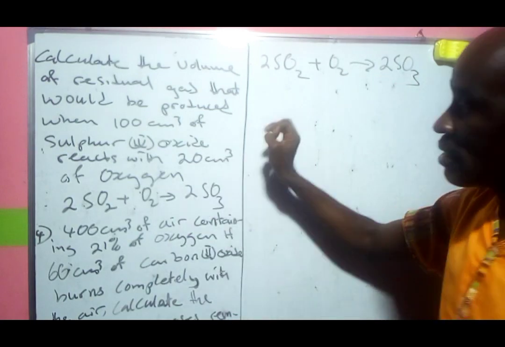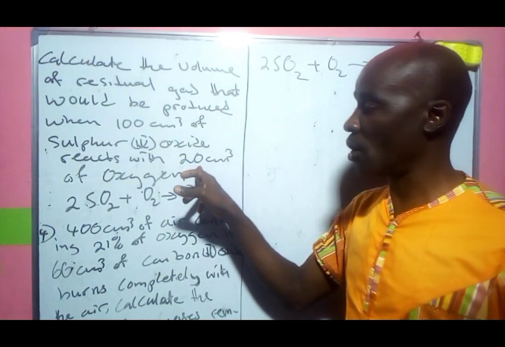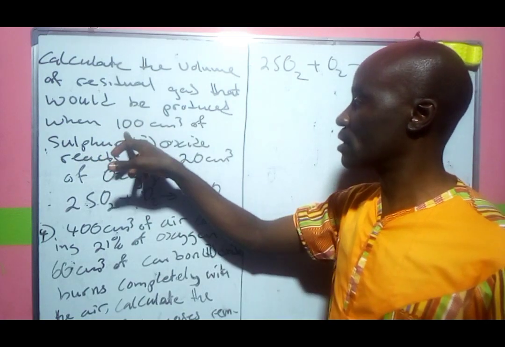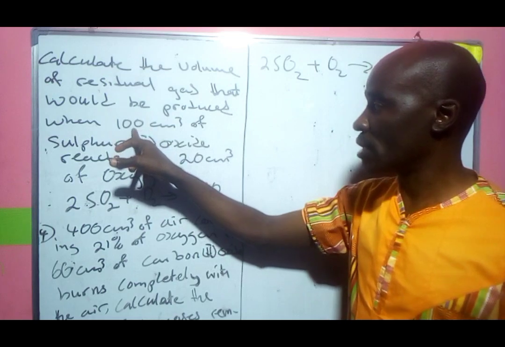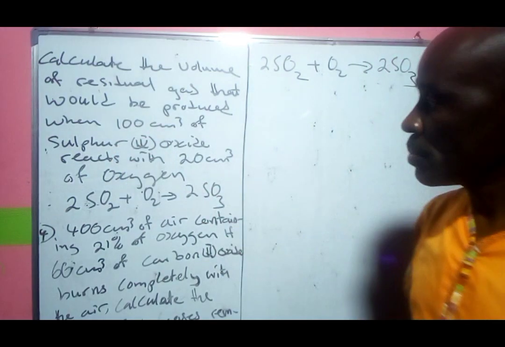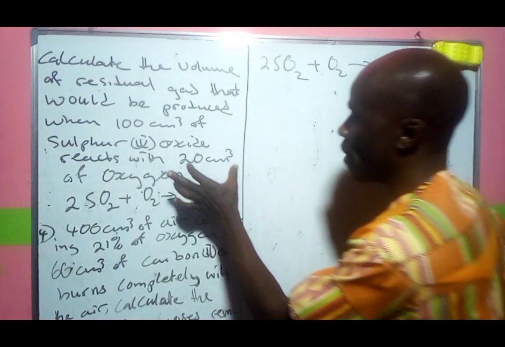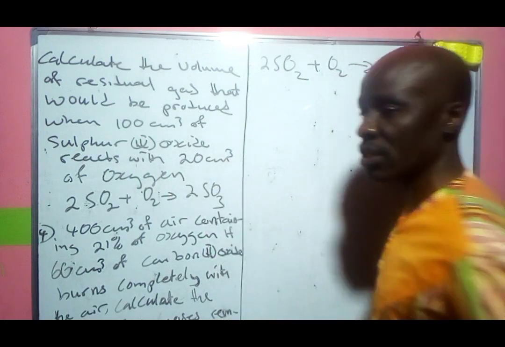We are given some volumes. The volume of this oxygen is 20 cm cube, and the volume of sulfur 4 oxide is 100. Now the first thing we're going to do is to find out the volume that will react with this 20 cm cube.